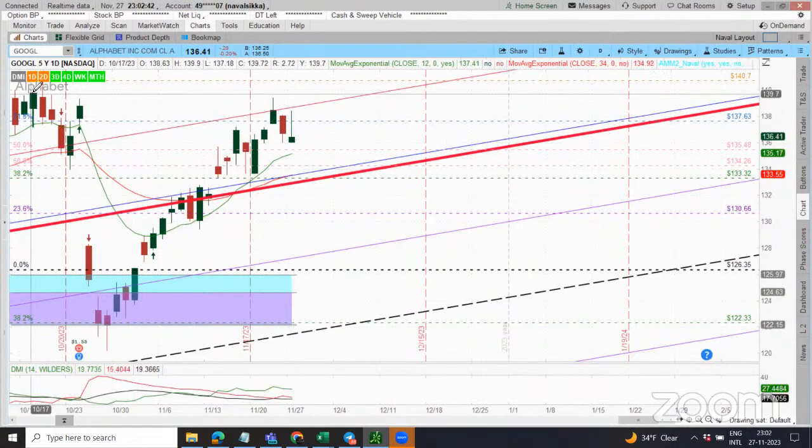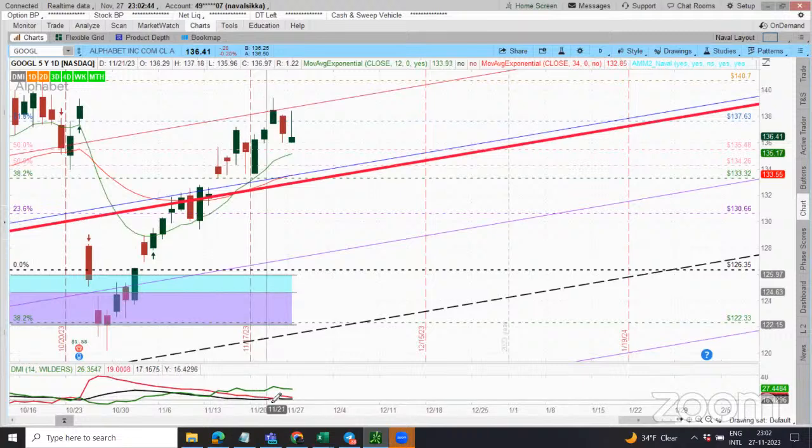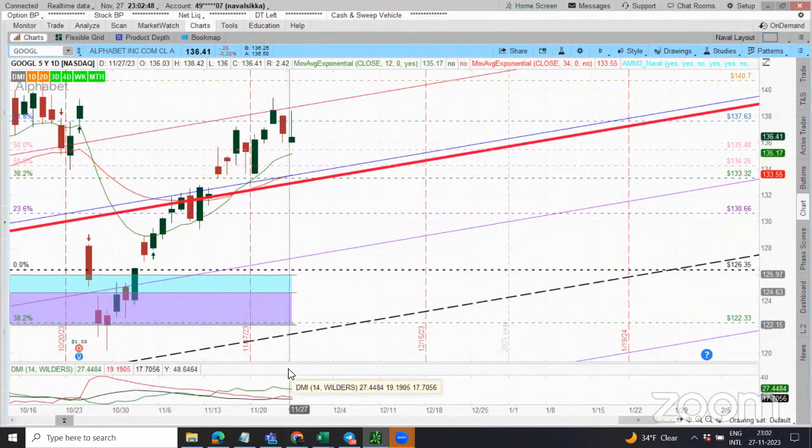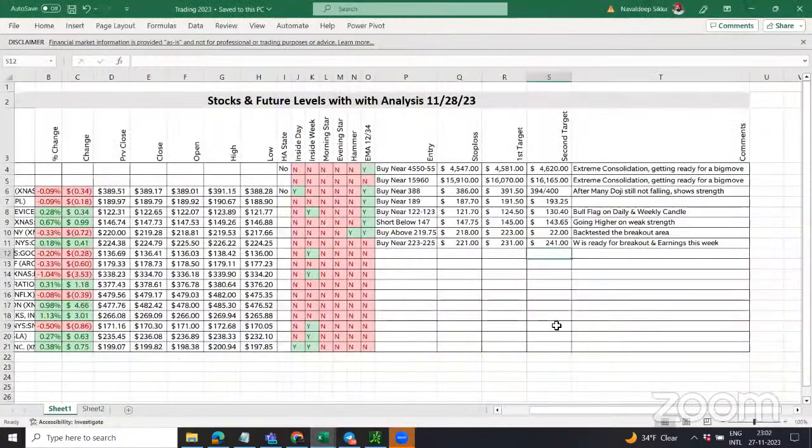Look at the DMIs. DMI is negative. So it may not be a great trade to go short or long. It's holding on a weak strength.